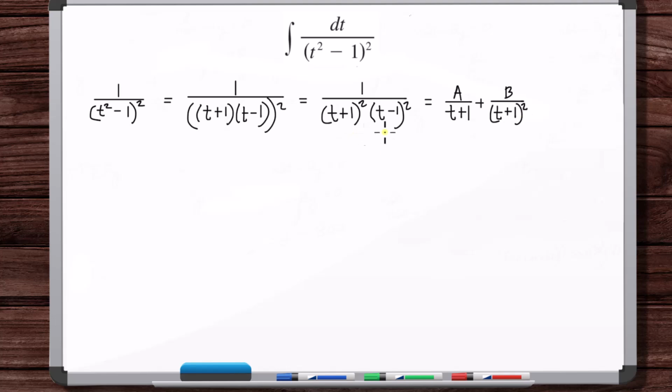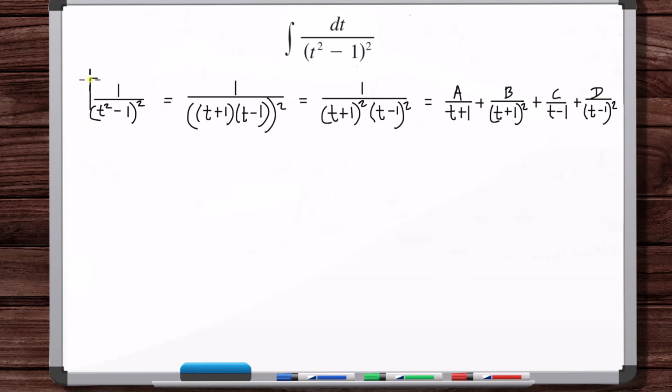Okay, so now we're done with that first factor, and now we're going to do the same thing for the other factor. And there we go. That's the form of the decomposition.